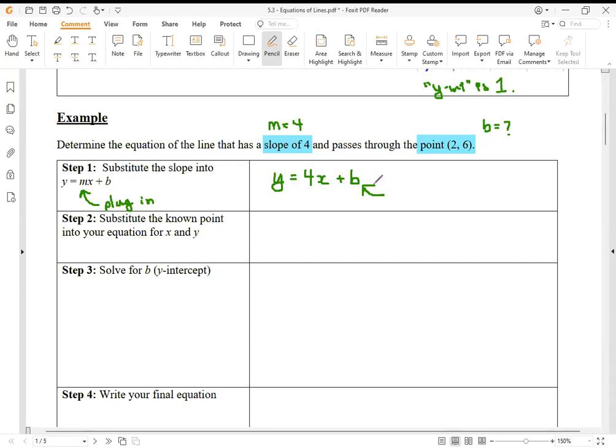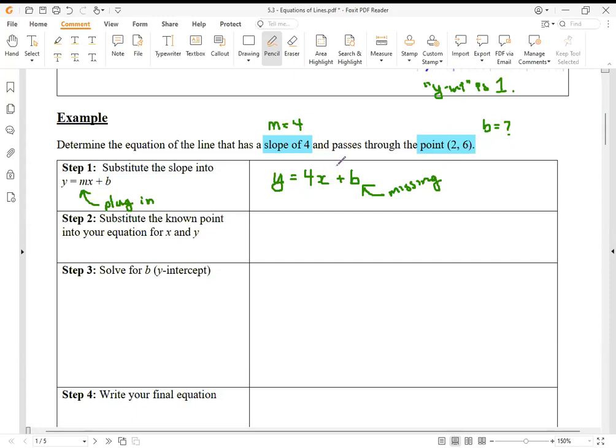Next, what am I missing? I'm missing B, right? But what do we have? We do have not just y, we don't have b, but we have a point. And what is a point in terms of letters?